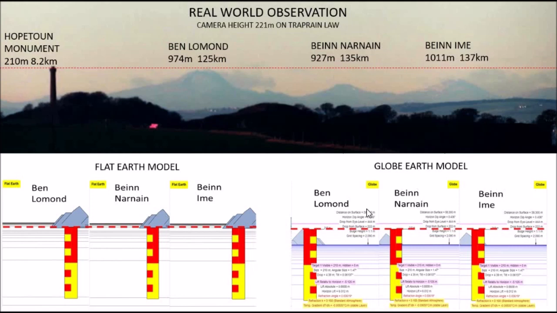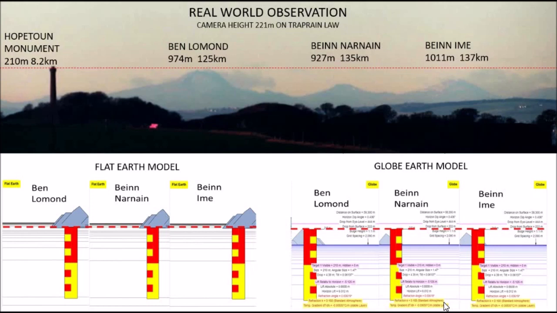The spherical Earth model predicts what we see on the right-hand side at the bottom of the screen, with Ben Lomond just below the line, Ben Nunnain a bit more below the line, and Ben Eam somewhere in between the two. And this is with standard atmospheric refraction applied.